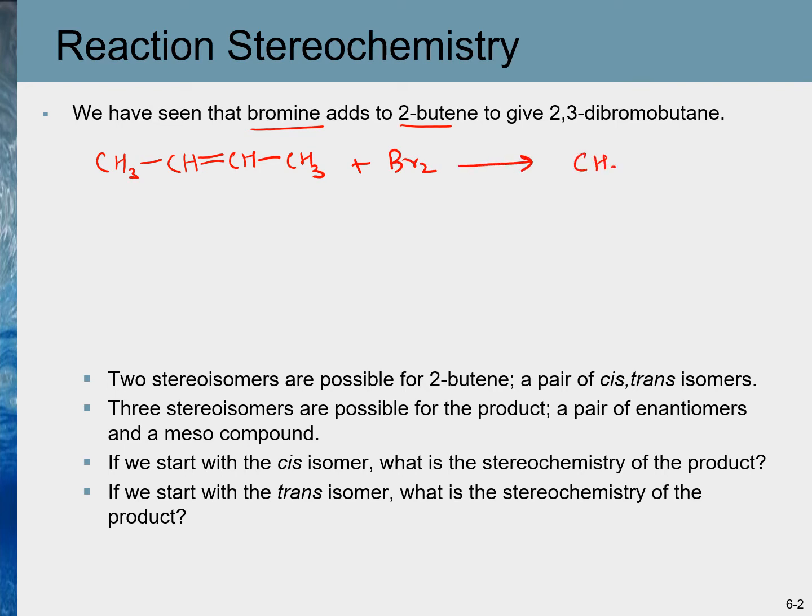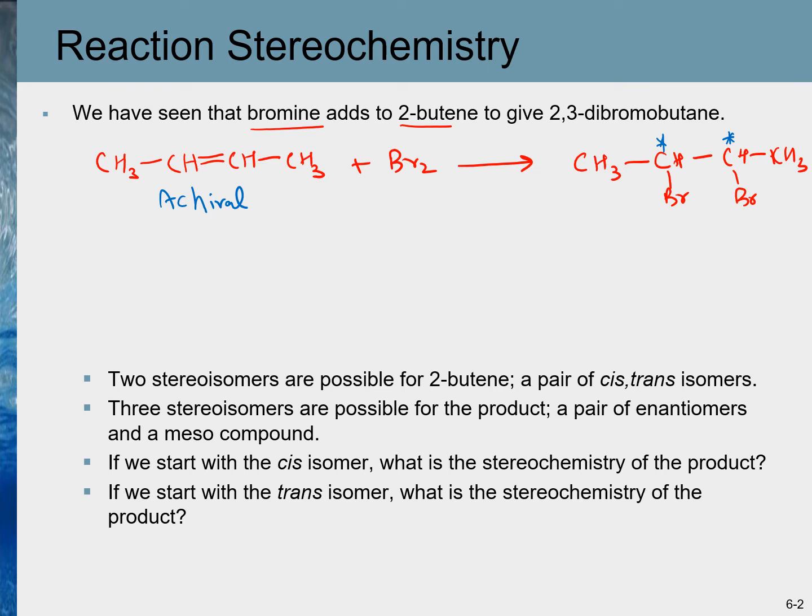The product is 2,3-dibromobutane. The starting material, 2-butene, is achiral. However, in the product, we have two chiral centers, shown here.